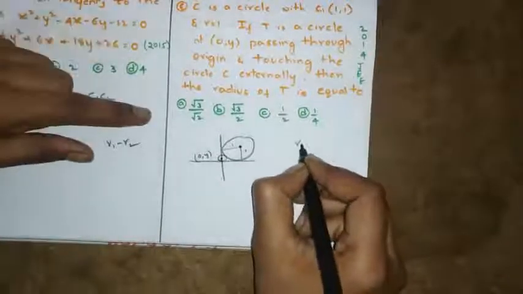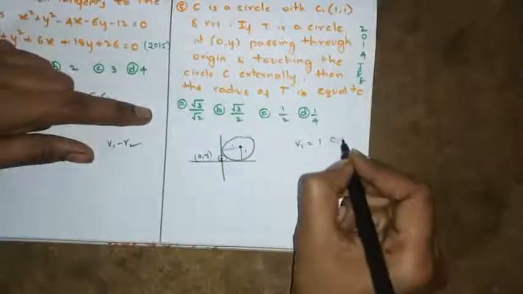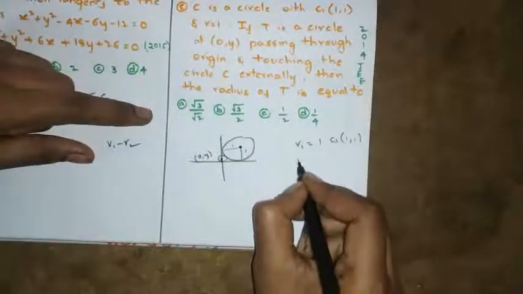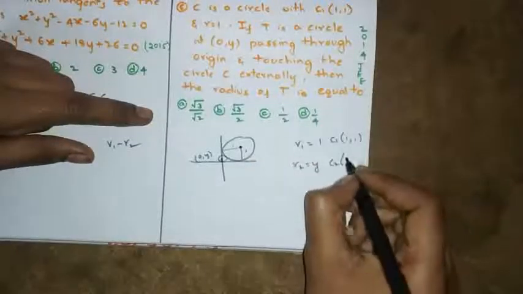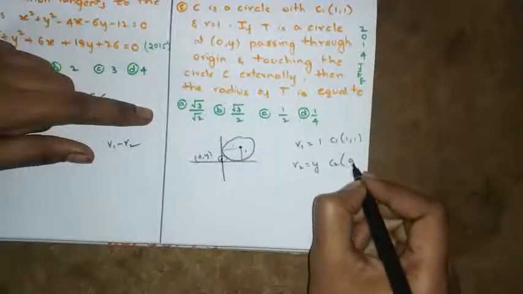So first take R1 is 1, C1 is 1, 1, R2 is y, and C2 will be 0, y.